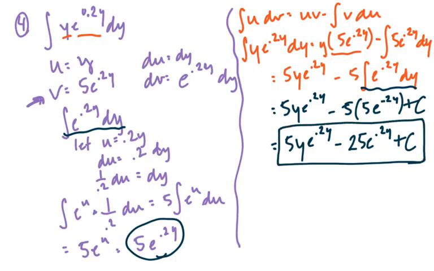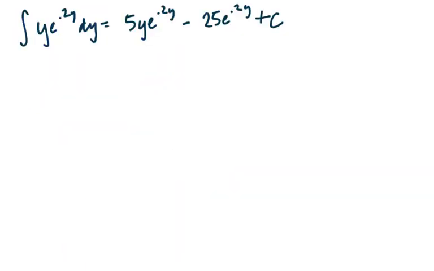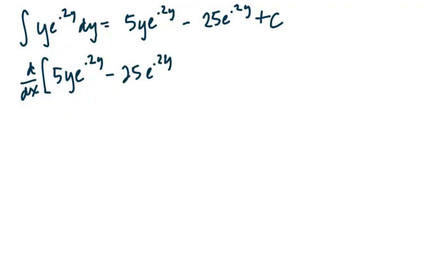Now what's really cool is you could check it. Students are always impressed by the check. So let me see if I can remember that answer. So this is our answer that we came up with over there. So if we take the derivative of 5y e to the 0.2 y minus 25 e to the 0.2 y plus c, we should end up with the original function.